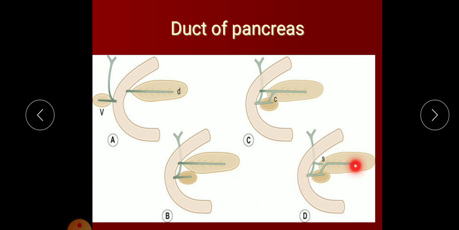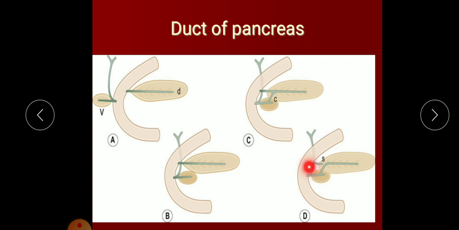So it is the distal part of the dorsal pancreatic duct, then the anastomosis between these two, plus the ventral pancreatic duct along with the bile duct here, which is opening into the major duodenal papilla. And you know, just 1 or 2 centimeters above the major, you find the opening of the minor duodenal papilla.